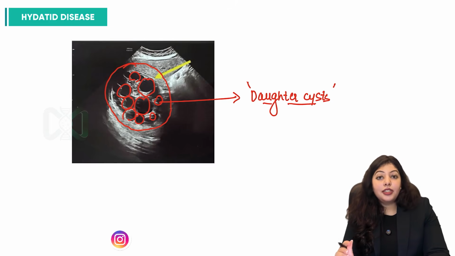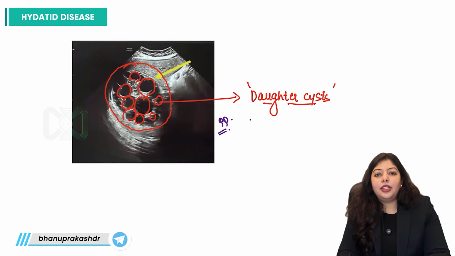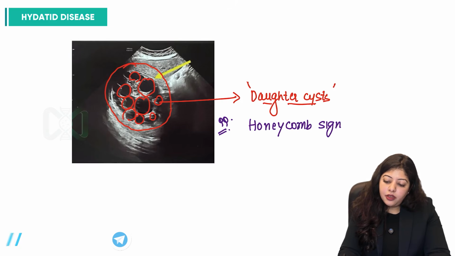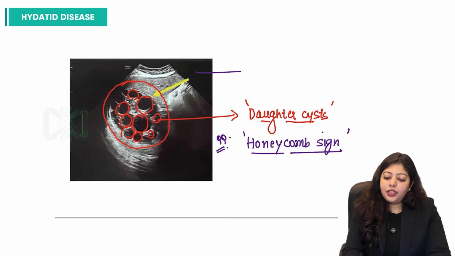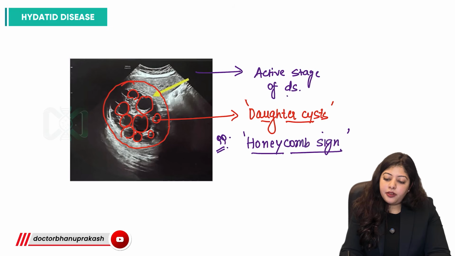We have already discussed the cyst within cyst appearance, but the radiological sign which we have discussed with the letter H is the honeycomb sign, which is also an active stage of disease. Active stage of disease, right?